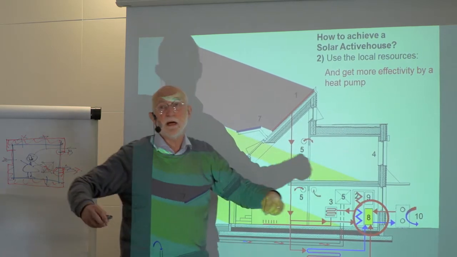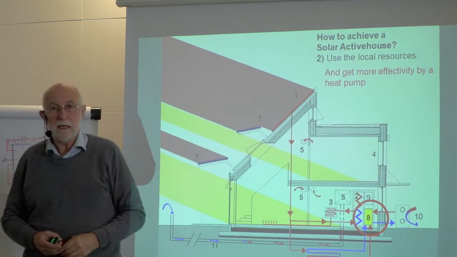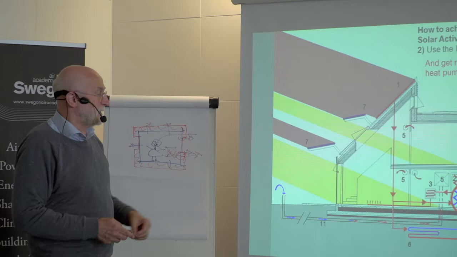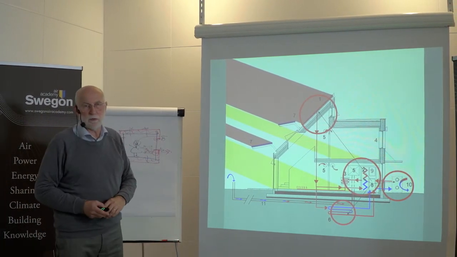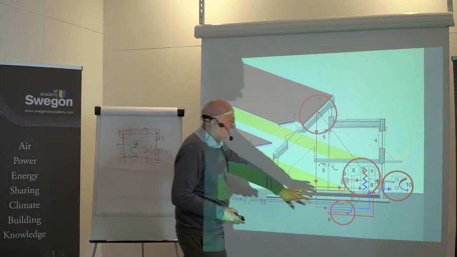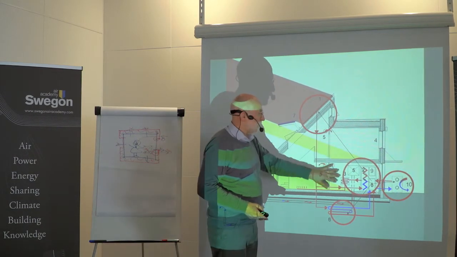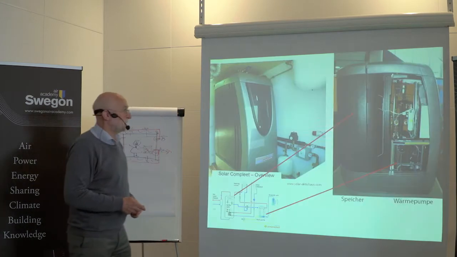And this heat pump is optimizing the energy we have on the site with electricity, with optimized electricity. And in this case, the heat pump can serve different resources. It can take out heat from the earth, from the air, or from the collector and the water tank to optimize all those strategies.